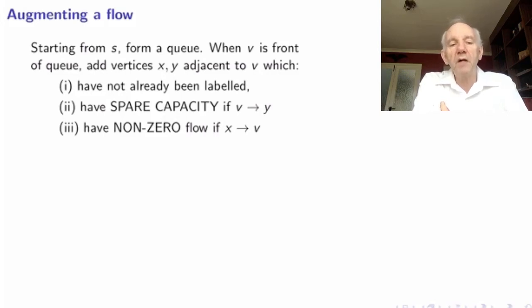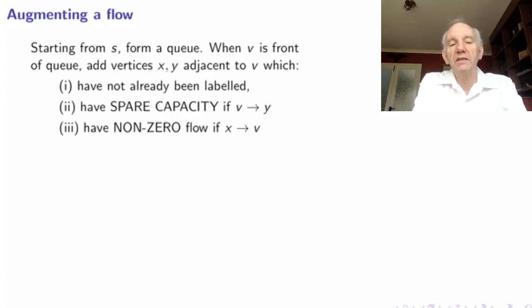So we're going to start with the source, but then we keep adding vertices. So at a given point, we'll have a given vertex. It's like in Dijkstra's algorithm, and we'll be scanning the other vertices. So in Dijkstra's algorithm, we made a vertex permanent, and then that scanned other vertices that were adjacent to it, vertices that hadn't already been scanned.